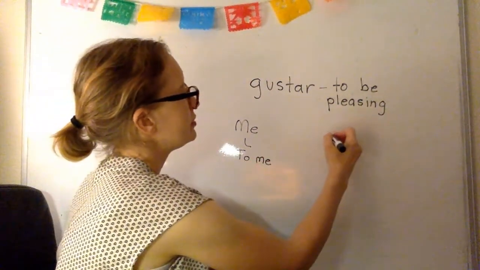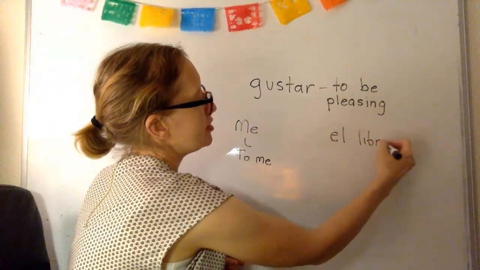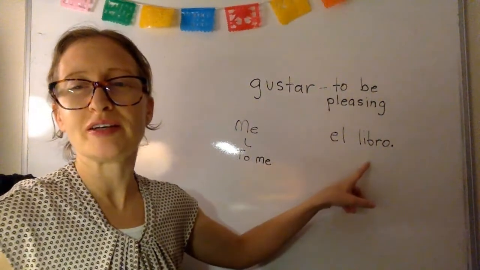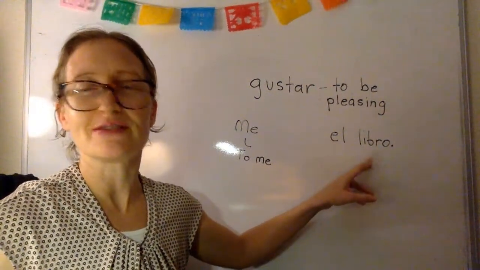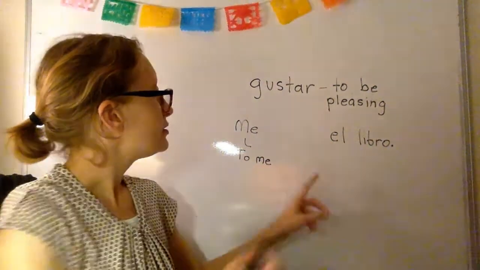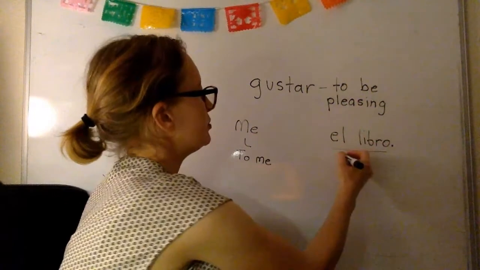And we all know that book is el libro, or I should say, by the time you get to study gustar, you've probably, more than likely, come across this word. The book, to me, and now we need pleasing. Here we have the book.